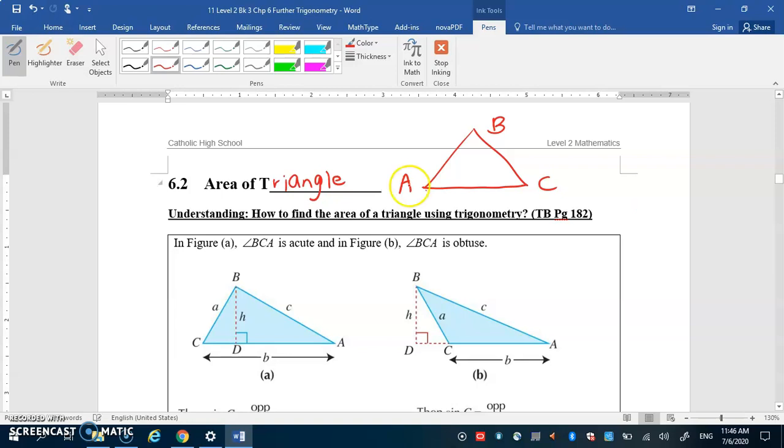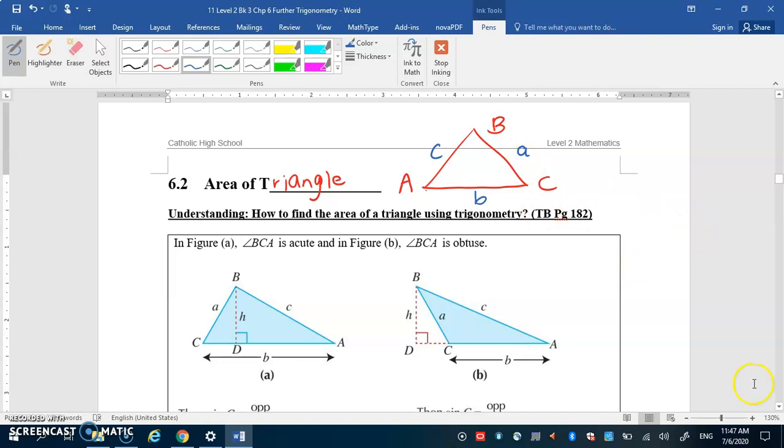So opposite of vertex A, we will have side A, and this is denoted by a small letter. So there's small a to denote this side, which is BC. Okay, opposite of vertex B, you will have side B, and opposite of vertex C, we have side C. Okay, so recall that this is how we label all the vertices as well as the sides of any triangle.